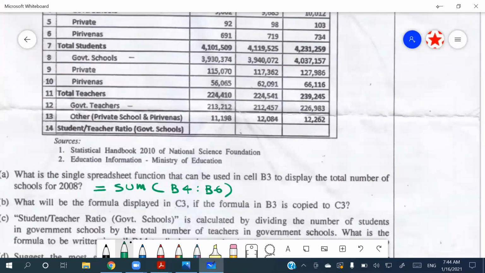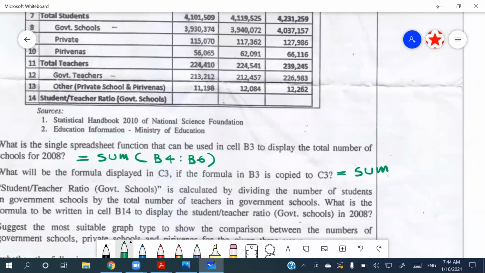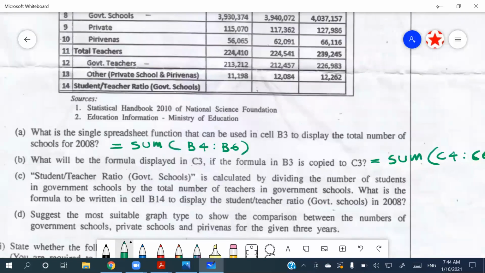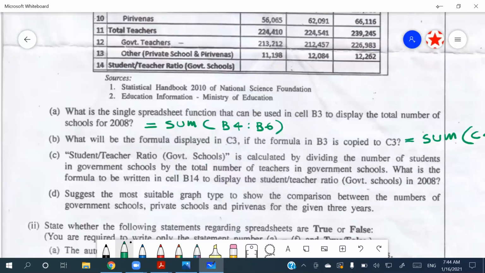So we don't have any absolute cell references. So it will show you equals sum. Since it is copied along a row, it's the letter that is going to change. So B4 is going to become C4, and B6 is going to become C6, right? So that is going to be the answer for part B.